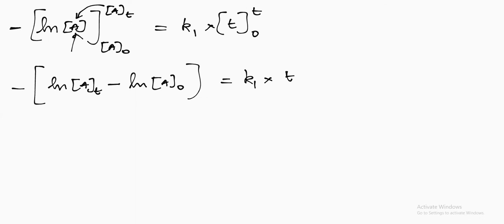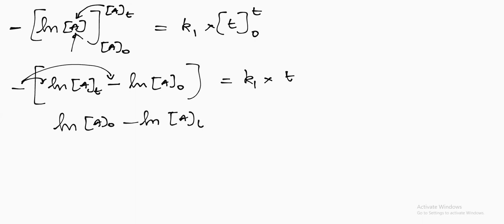And here, if you multiply by minus sign, plus into minus becomes minus, minus into minus becomes plus. So I'll write the positive term first: ln A naught minus ln At equal to K1 into t.